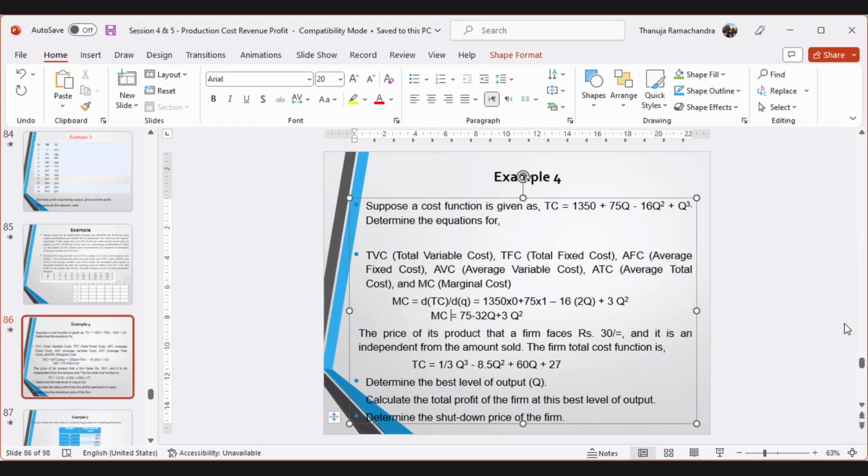Where MC is equal to... so profit is max. Two people clashed: one said about cost, the other one said about profit.